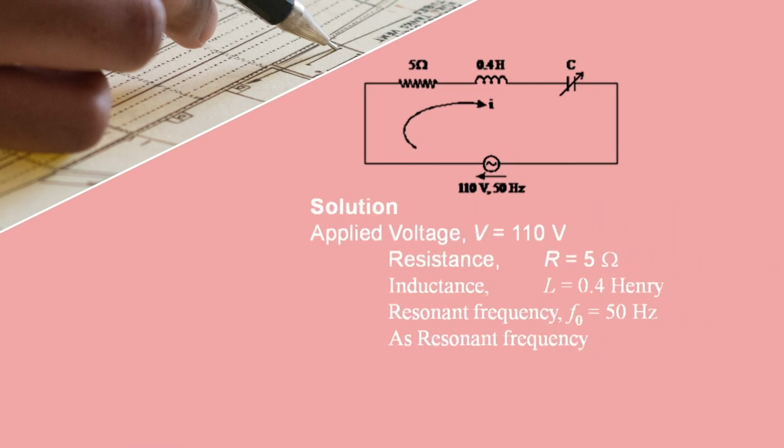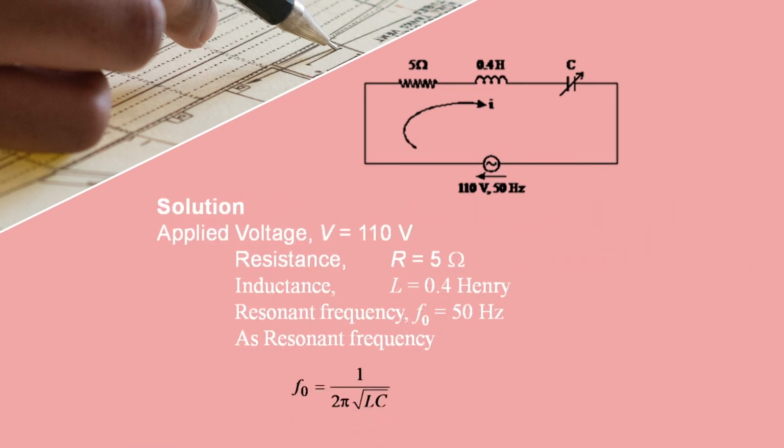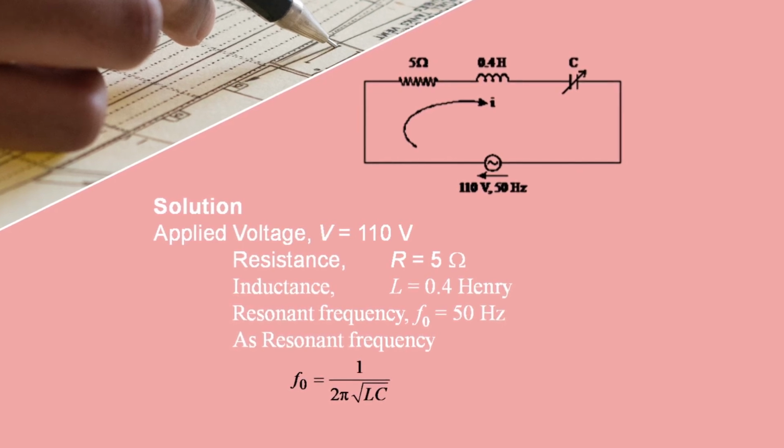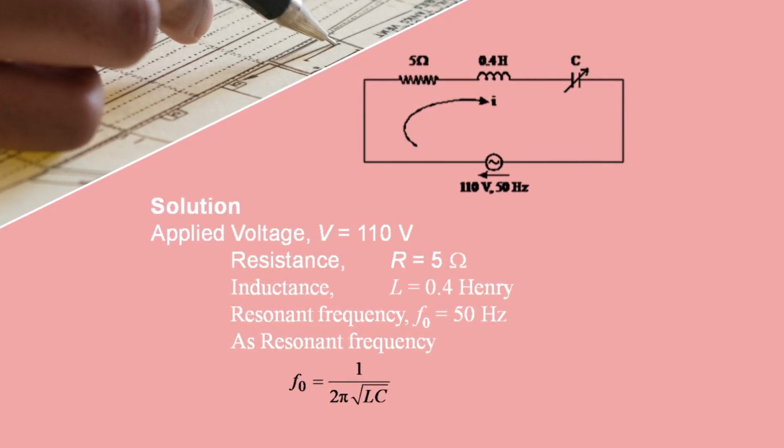Here you can see the value of resistance is given, that is 5 ohm, the value of inductance is given, that is 0.4 Henry, and the value of C, that is capacitance, is not given. You have to calculate the value of capacitance for the series resonance circuit.